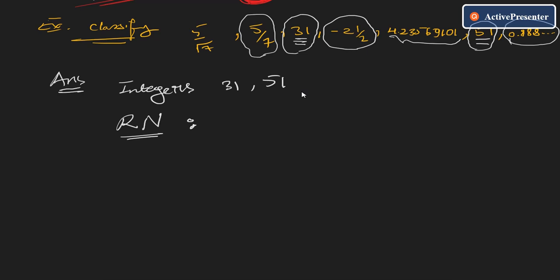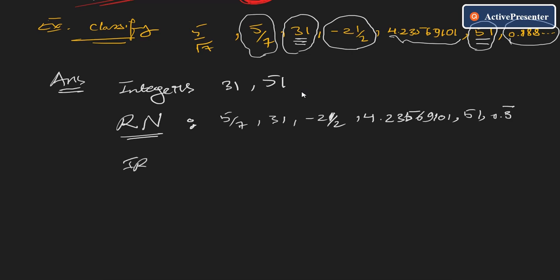So those are the rational numbers: 5 over 7, 31, minus 2, 2.5, 4.230, 3569101, 51, also 0.8. Let's make a bar here.